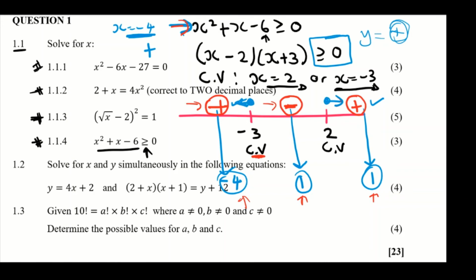So how we conclude: x must be less than or equal to -3, which gives you positive solutions of y, or x must be greater than or equal to 2, which gives you positive solutions of y.